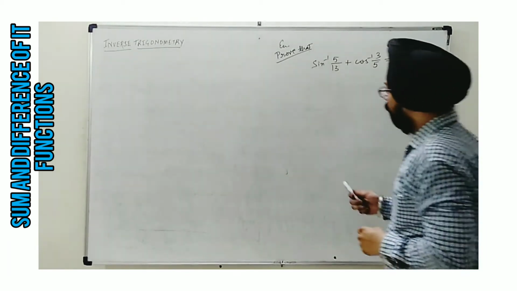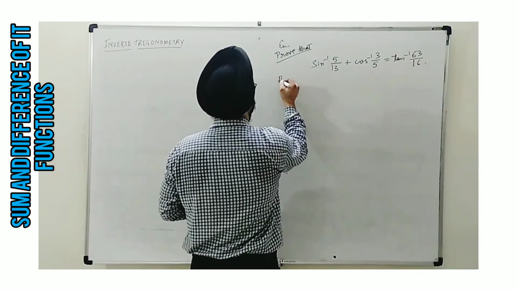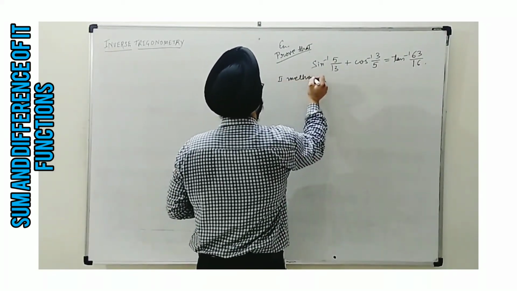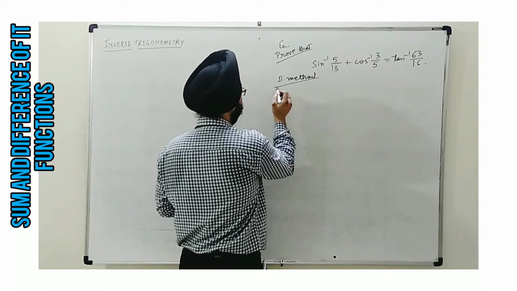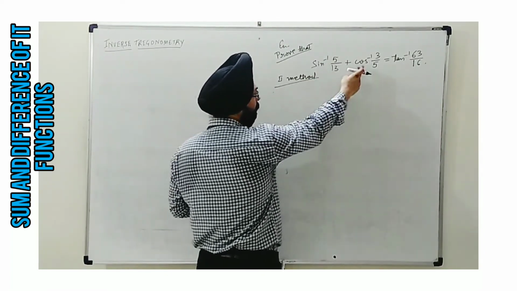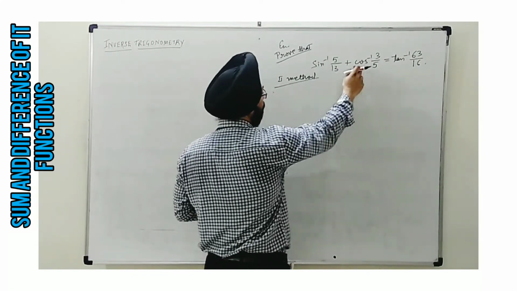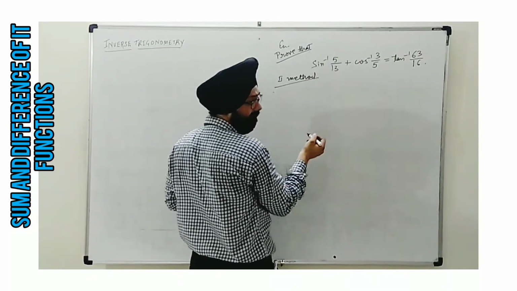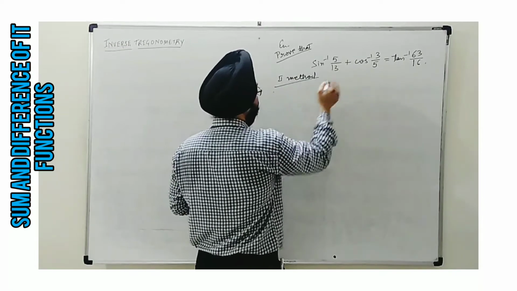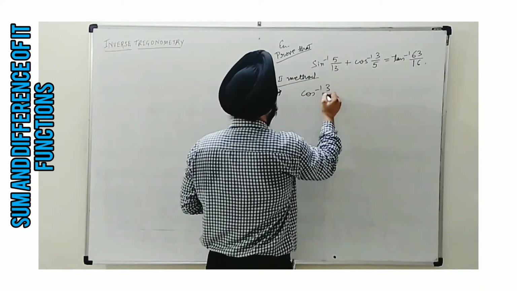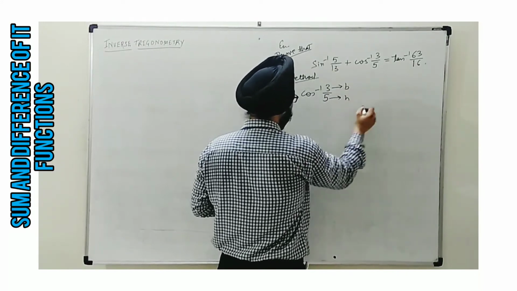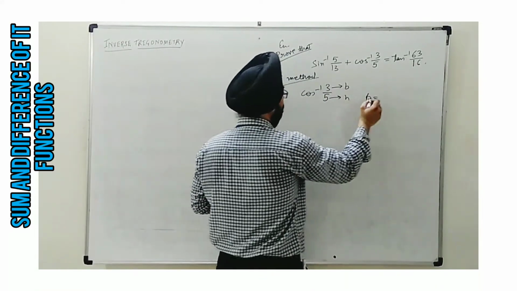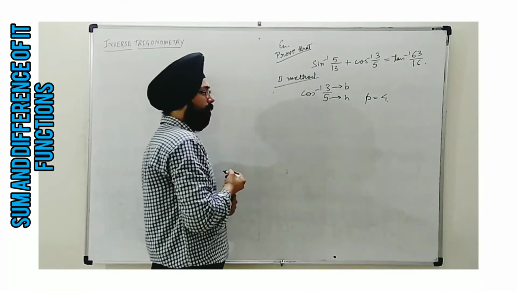Now the second method for the same question. We are taking LHS, but for that purpose I will convert cos into sine first, so that the identity is applicable. Recently we applied Pythagoras theorem, this is B, this is H, so P we obtained as 4.